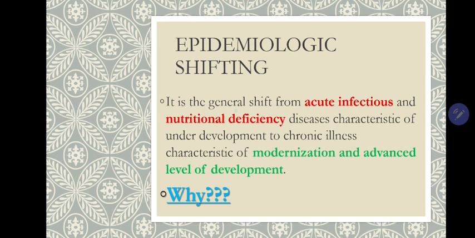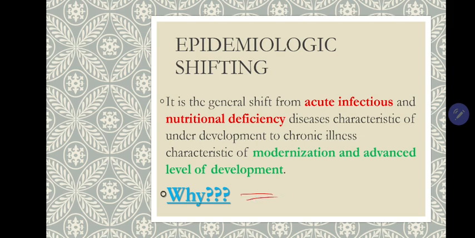It is the general shift, ركزوا وياي, from acute infectious and nutritional deficiency diseases characteristic of underdevelopment to chronic illness characteristic of modernization and advanced level of development. يعني there is a shift in the epidemiology from acute infectious and nutritional deficiency diseases to chronic illness, which is characteristic of modernization and advanced level of development.